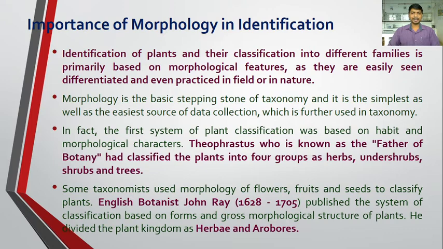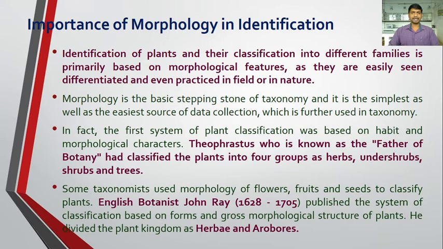Some taxonomists use morphology of flowers, fruits and seeds to classify the plants. English botanist John Ray published the system of classification based on forms and gross morphological structure of plants. He divided the plant kingdom as herbae and aerobores.